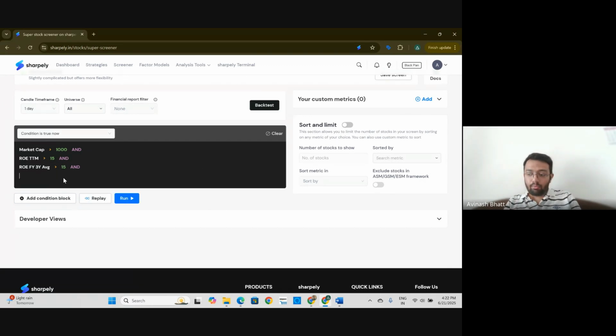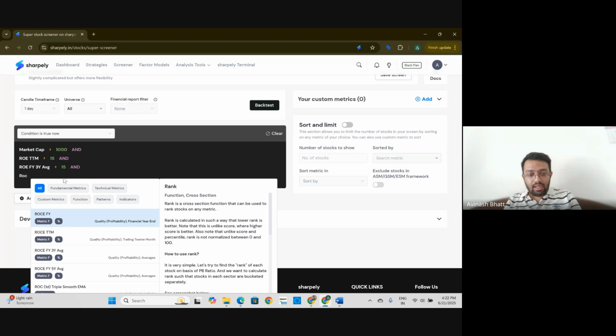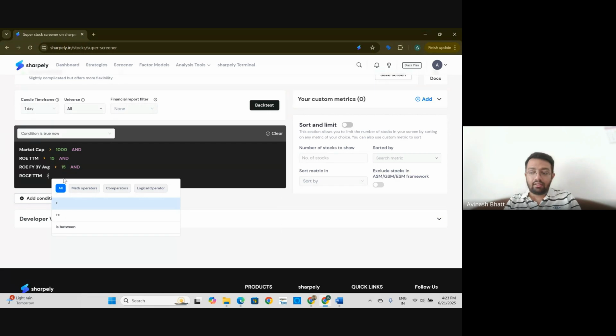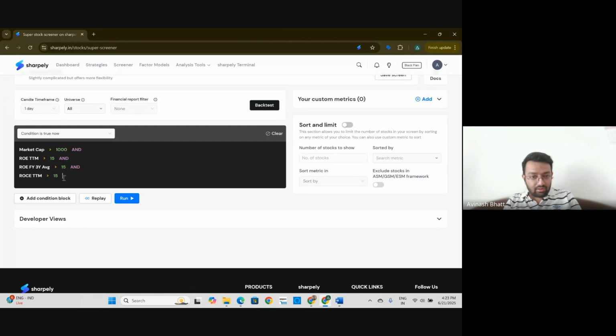And one more condition that we can add, a brief about ROE: ROE gives you how much return the shareholders are generating. So it considers only equity in the calculation. ROCE will consider both equity as well as debt. So let's say ROCE trailing 12 months should also be greater than at least, again, 15%, right?